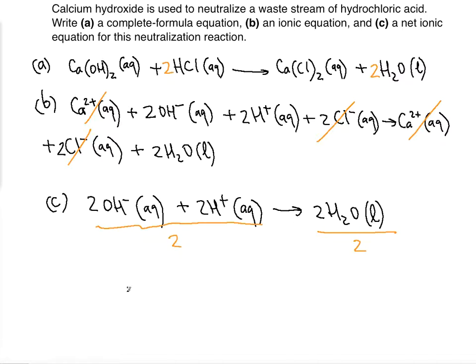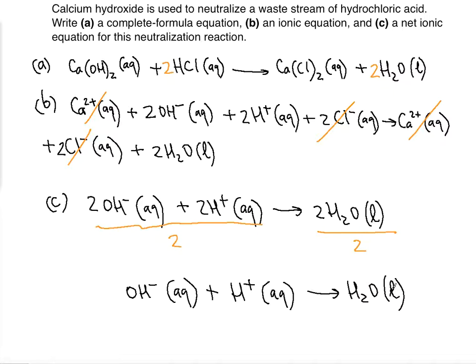Right? So as a result, we have this OH minus aqueous plus H plus aqueous is yielding us water, H2O liquid. Right? So this is the net ionic equation.